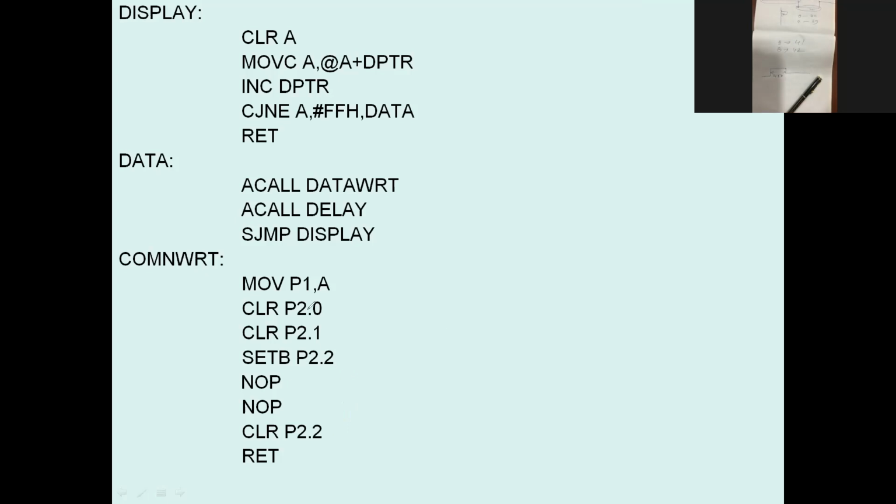Next, what are the functions of P2.0? P2.0 is connected with whom?